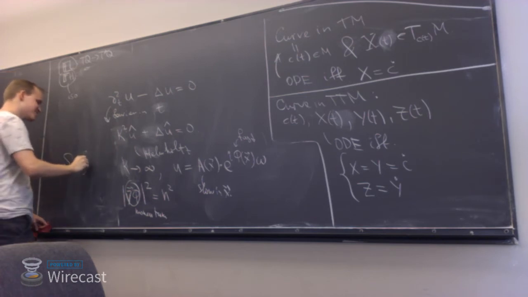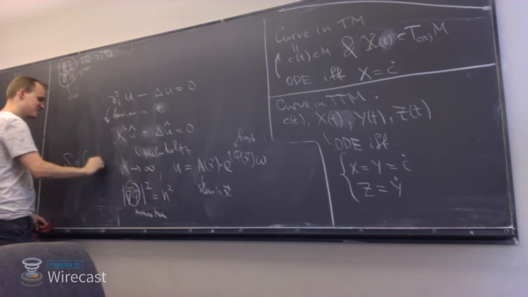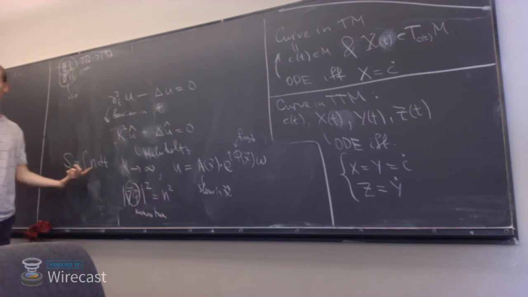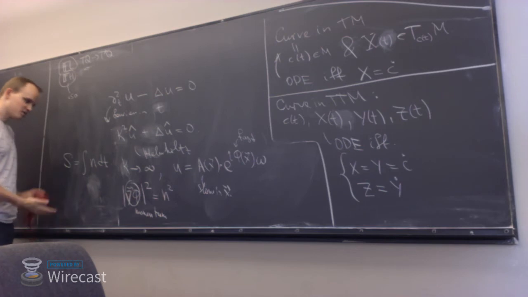Whatever. So the Eikonal, and it's n dt, right? Which is also equal to T tau. And the trajectories of this action are described as the same.